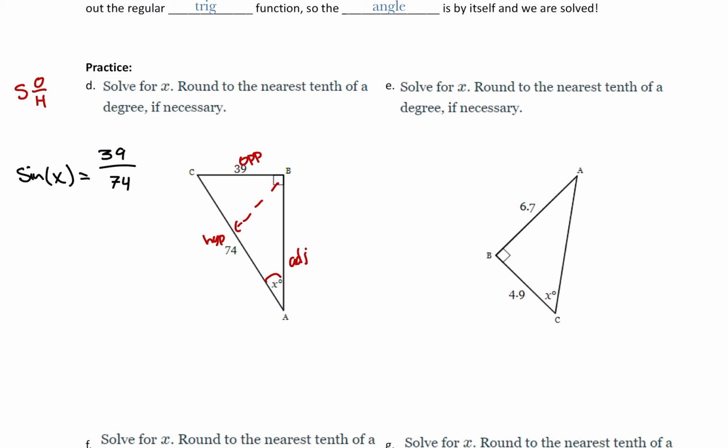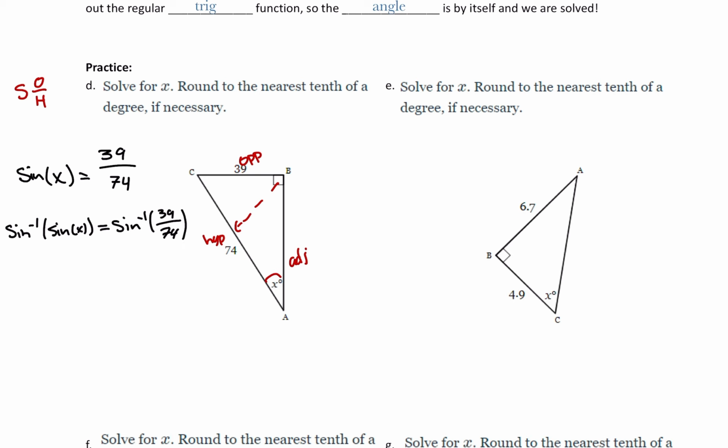So I'm going to end up with the inverse sine of sine of x is equal to the inverse sine of 39/74.